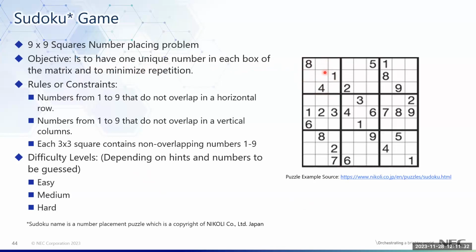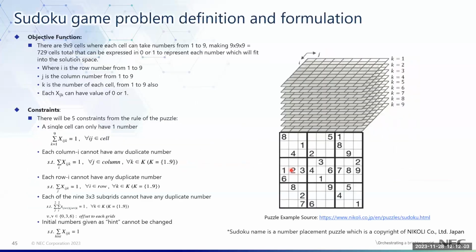And the rules, or in our context, the constraints, would be that numbers 1 to 9 do not overlap in a horizontal row, do not overlap in a vertical column, and do not overlap within a 3x3 square. So these are the three constraints that we have. And then we can also play with the difficulty level depending upon the hints and numbers to be guessed. But right now we have picked an example from the internet.